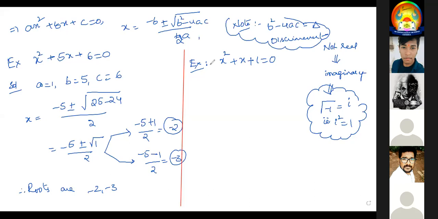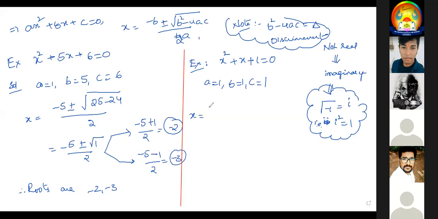See, an imaginary number is nothing but the square root of -1, denoted with i. That is, i square is equal to -1. Now here a value is 1, b value is 1, c value is 1.